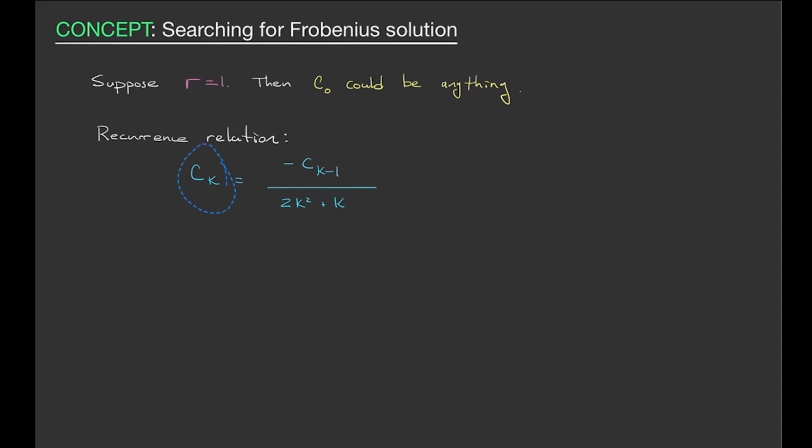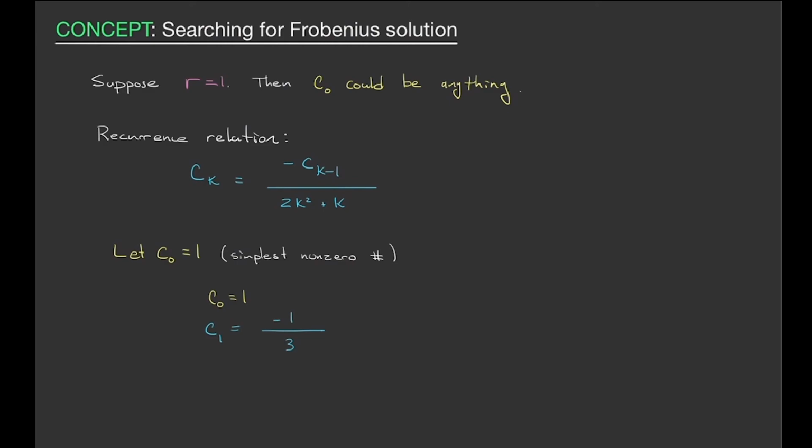So we define new values from the old ones. The very first one would be c naught, which we said could be anything. Now the simplest non-zero number we could pick would be c naught is equal to 1. From there, using this recurrence relation, we can find c sub 1, because that will come from c naught.